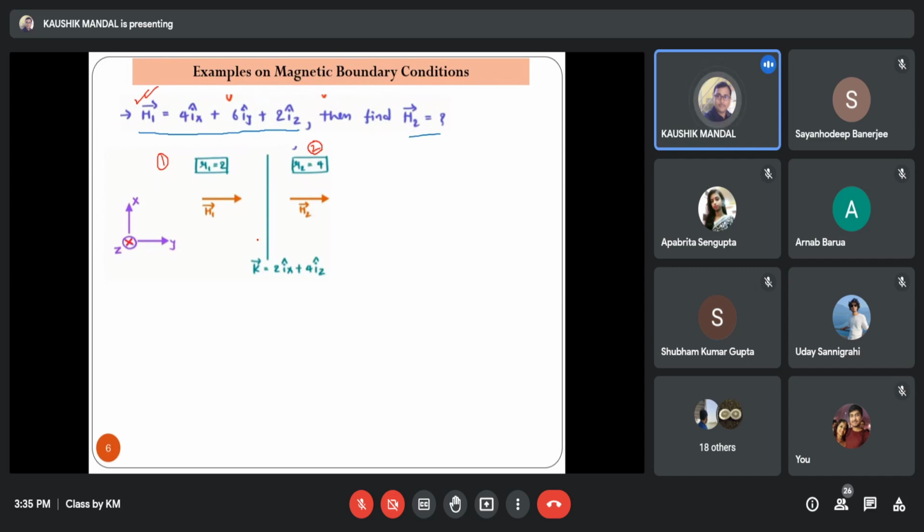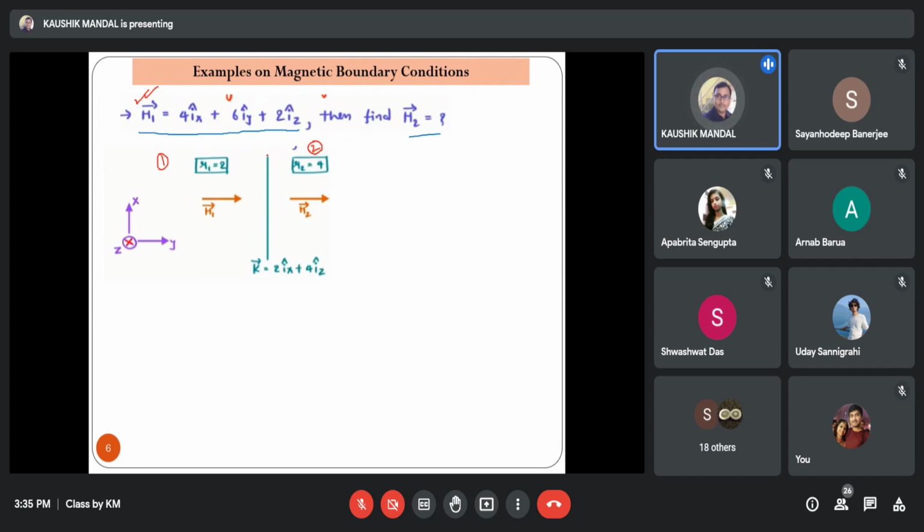Tell me, what is the normal component? Normal means perpendicular to the interfacing surface. So what should be the direction of the normal component? Please tell me, anyone from your side. Am I audible? Yes, the normal component should be along the y-axis.